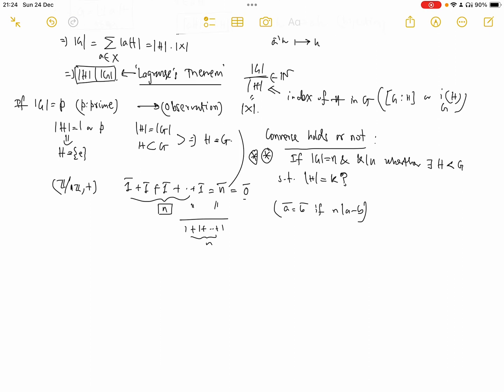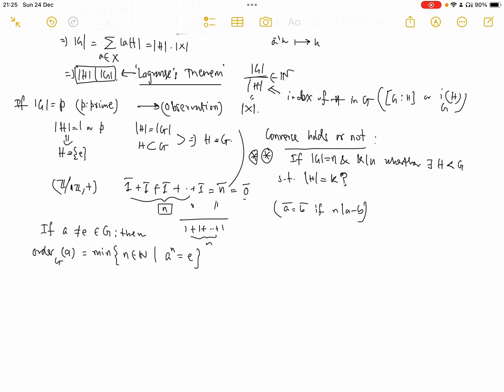So in general, if a is a non-trivial element in a group G, then by the order of a in G, we mean the minimum of all those natural numbers n such that when you operate n times on the element a, you get the identity, right?